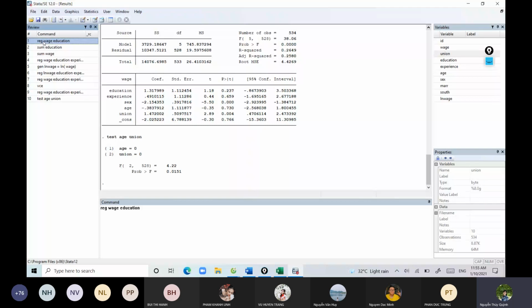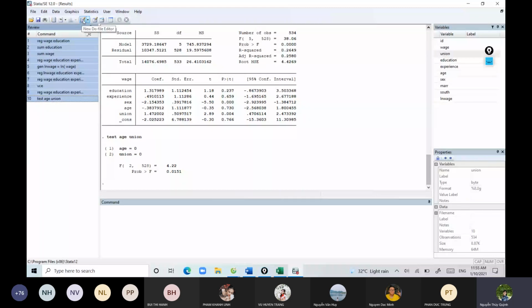Now I have to copy all the commands here. Control R, then Control A, and then Control C. Now you can see that right beside the data editor, we have a new do file editor here.